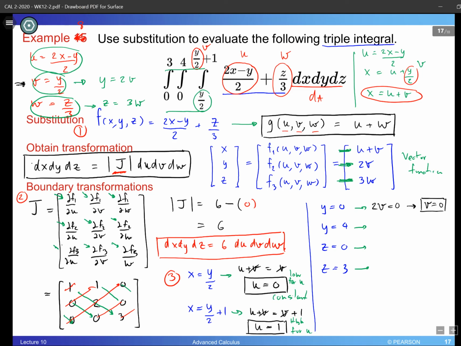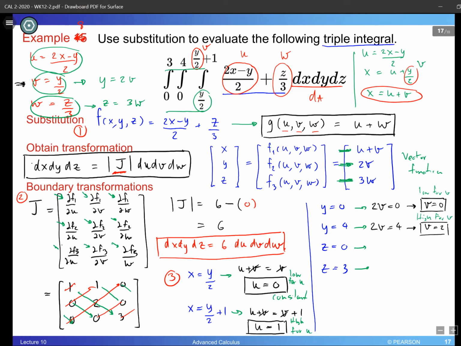Now next one, y equal to 4, and y is equal to 2v equal to 4, which means that v is equal to 2 right here. Both of them are constant, and one of them is less than the other one. So this is clearly the low bound for v, and this one is high for v.